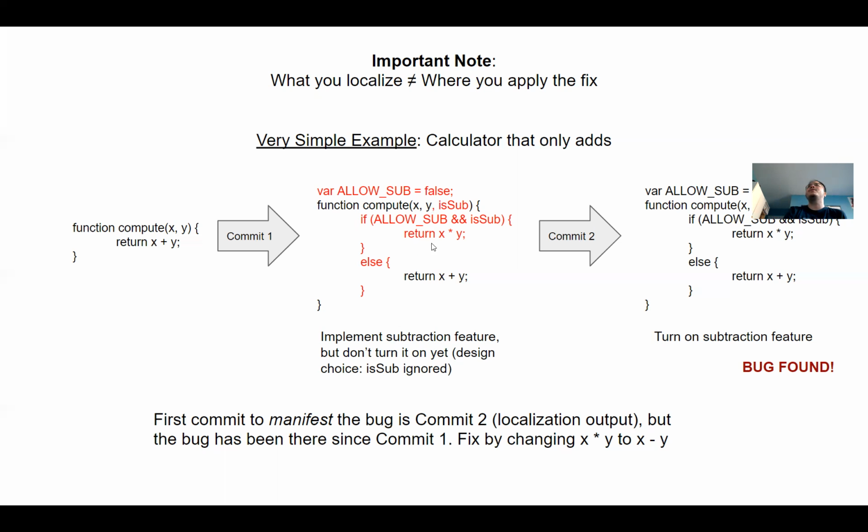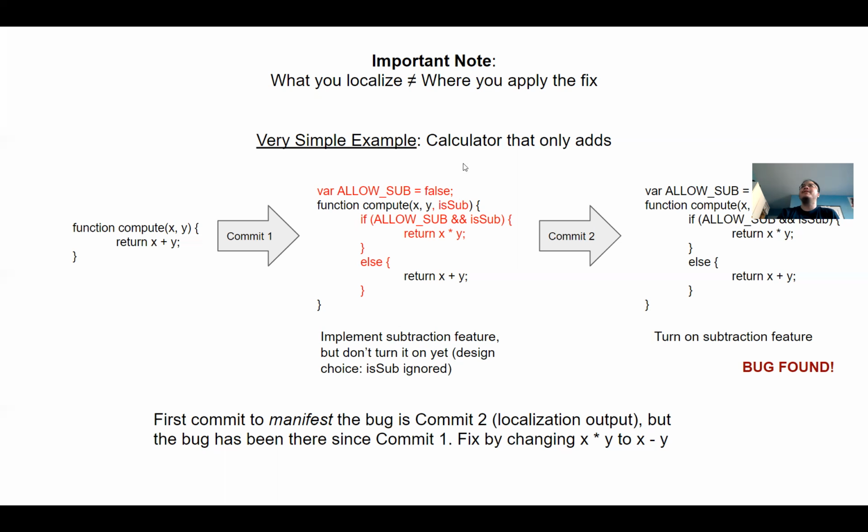It performs this computation right here if you want to do subtraction, and it performs this computation here if you want to do the addition. But let's say that the developer is not quite confident about his code yet. Maybe he wants to add a few other things later on. So he decides to set this feature toggle to false. He basically wants this to control whether the feature is available or not.